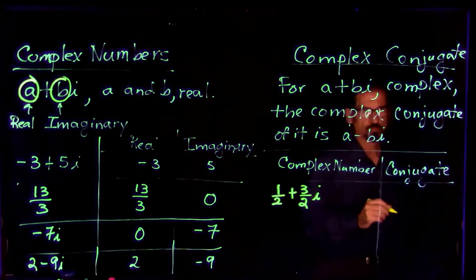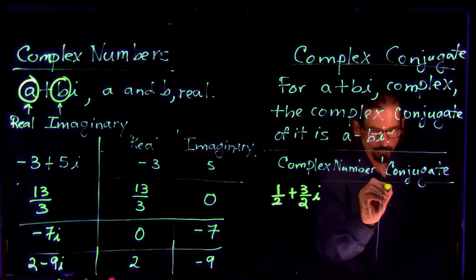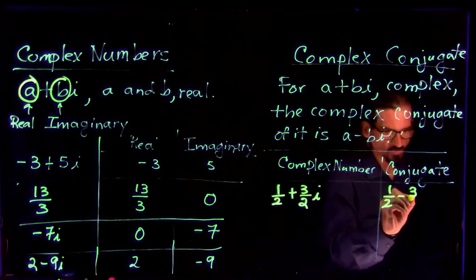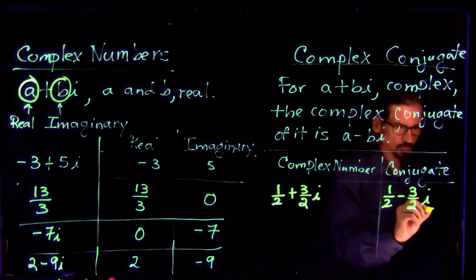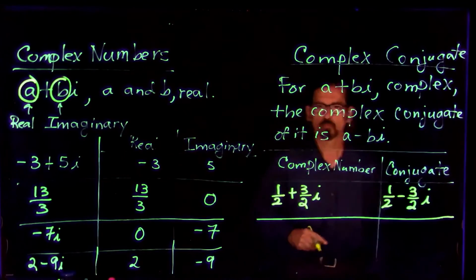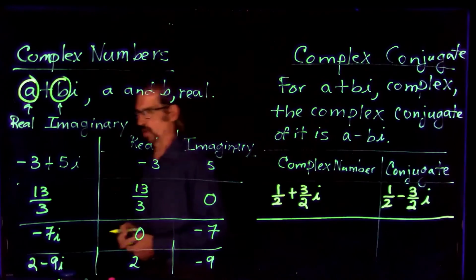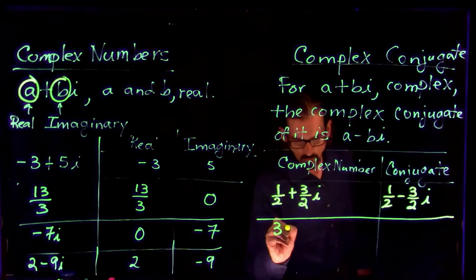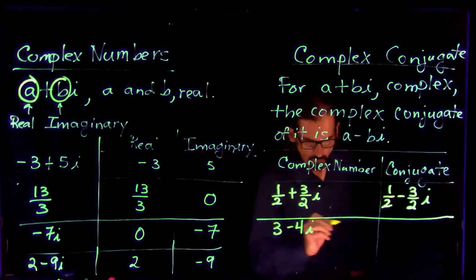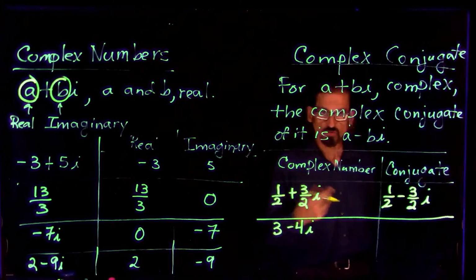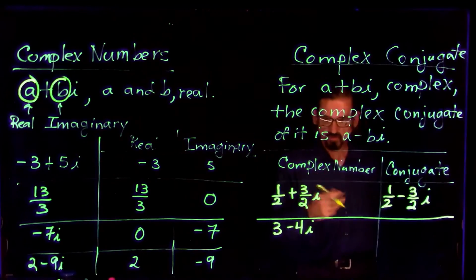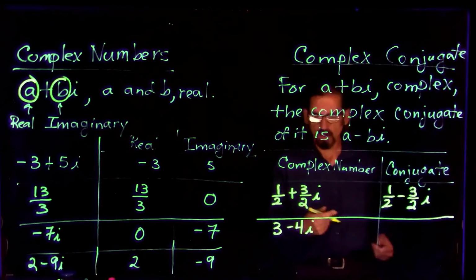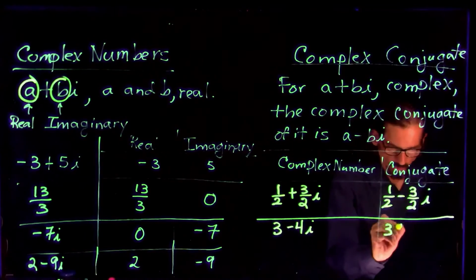It's complex conjugate. Just change the sign of the imaginary part. So its complex conjugate is 1/2 minus 3/2 i. If we have 3 minus 4i, then changing the sign of the imaginary part, well, that's already negative. So that negative is going to become positive. You get 3 plus 4i.